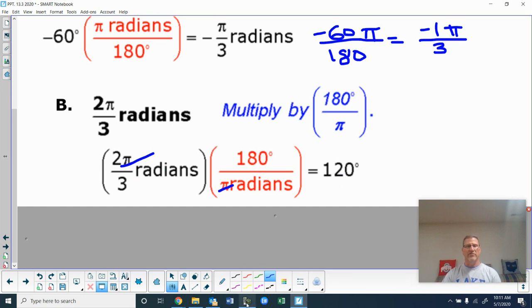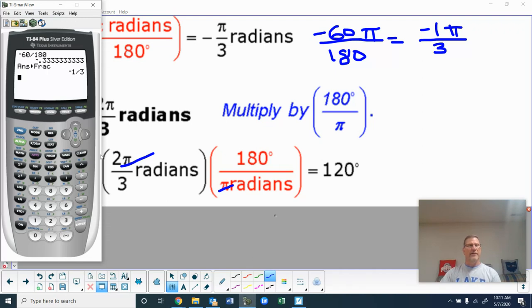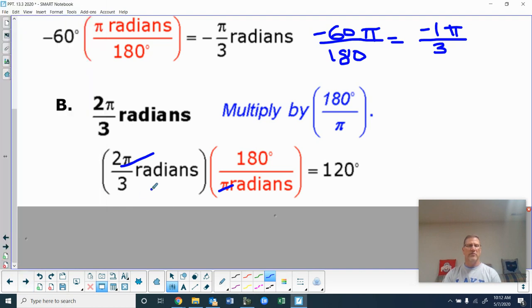On your calculator, just go 2 times 180, multiply the numerators on top, and then divide by the denominator, and then you get your 120. So it's really easy to change between degrees and radians.